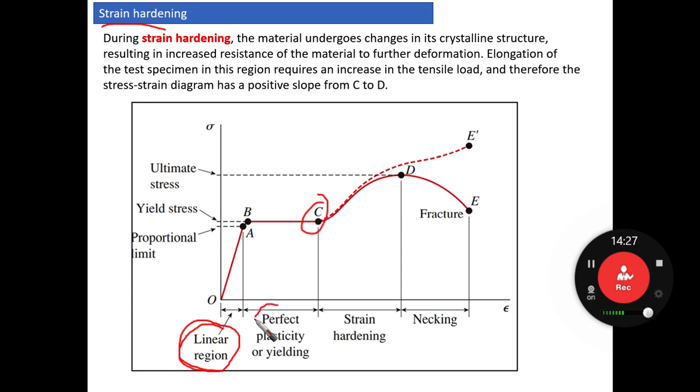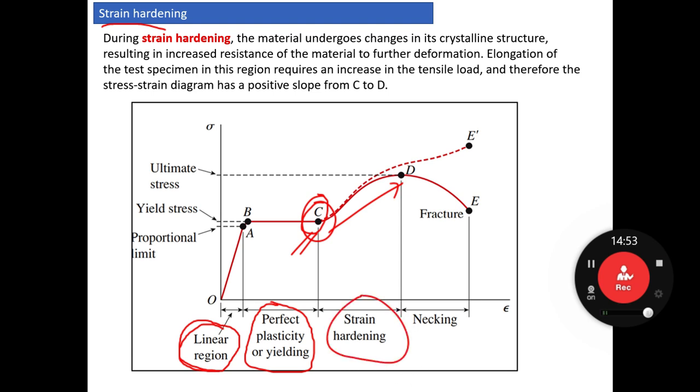And we said that the next phase we call the perfectly plastic region, or yielding. Then at the end of this part, the next phase starts from point C onward till point D, and we are going to give this phase a name: strain hardening.